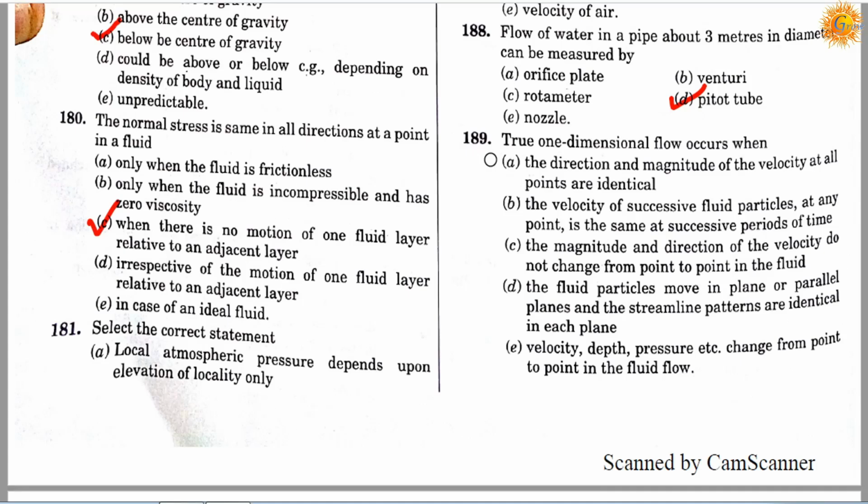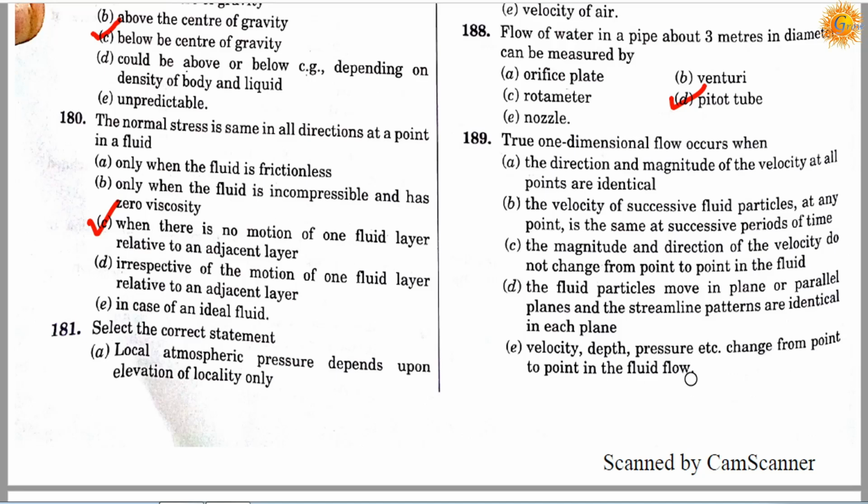Question number 189. True one-dimensional flow occurs when: option A the direction and magnitude of the flow velocity at all points are identical, option B the velocity of successive fluid particles at any point is the same at successive periods of time, option C the magnitude and direction of the velocity do not change from point to point in the fluid, option D the fluid particles move in a plane or parallel planes and the streamline patterns are identical in each plane, option E velocity, depth, pressure etc. change from point to point in fluid flow.